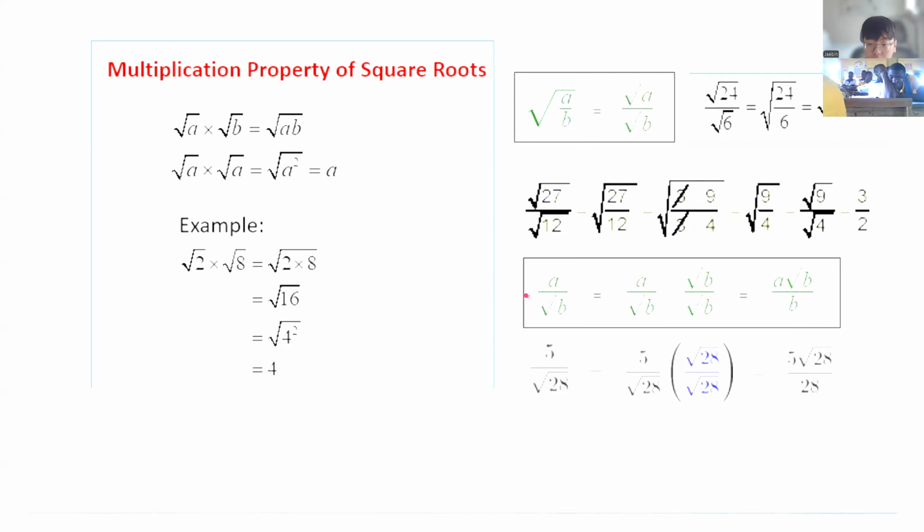This is something to keep in mind, all of these square root properties. I know that this one is familiar to you: square root of A times square root of B is square root of AB. But know that these other properties also exist so that you can apply them to different questions.